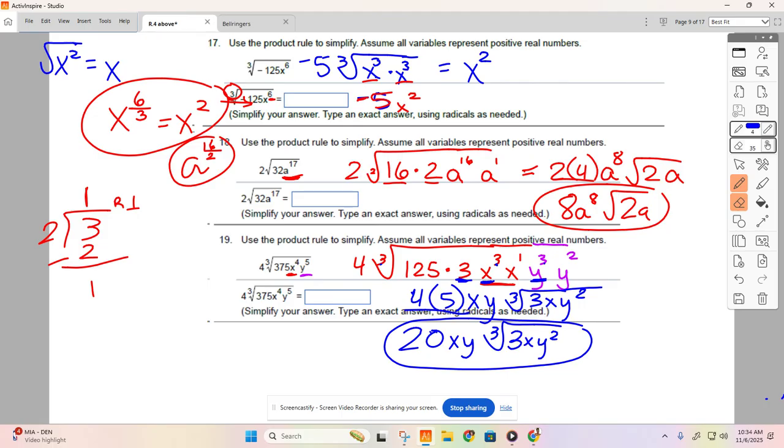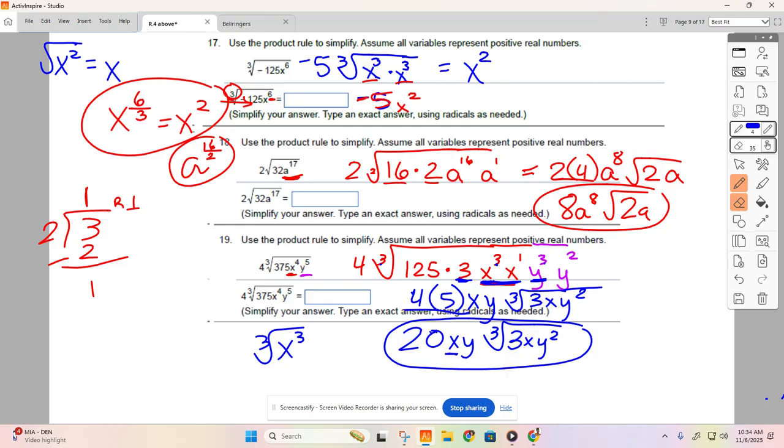Question. How did you get the middle equation, the square root of 3x? Where did you get the 3x from again? So this x to the 4th, I split as x cubed times x. When I take the cube root of x cubed, those cancel each other out, and that x comes out.